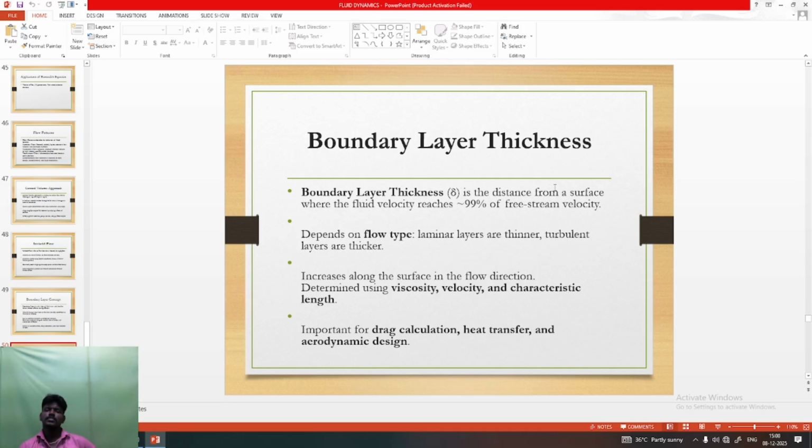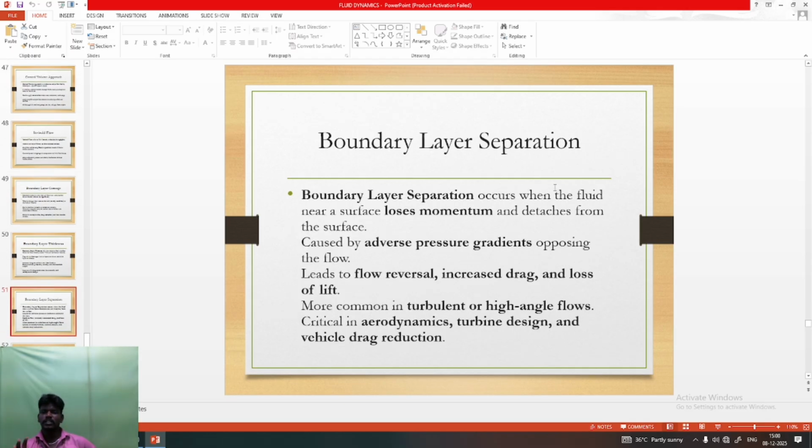Next, boundary layer separation. What is boundary layer separation? If the flow meets an object, separation can occur. Boundary layer separation occurs when the fluid near the surface loses momentum and detaches from the surface, caused by adverse pressure gradients opposing the flow.